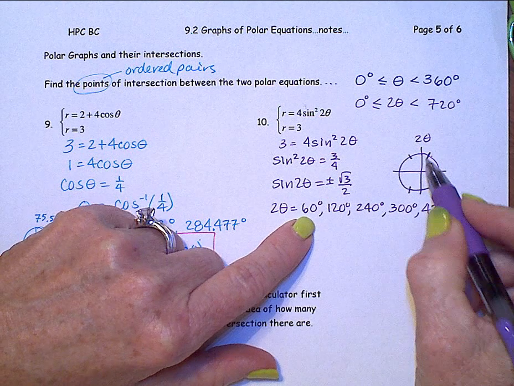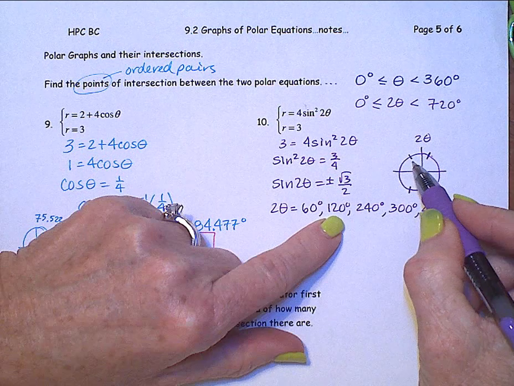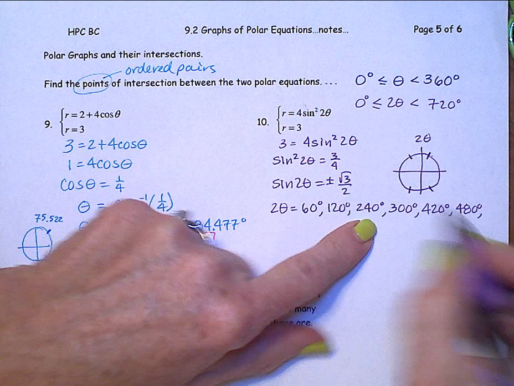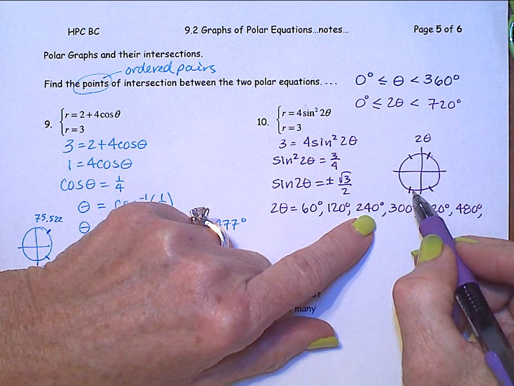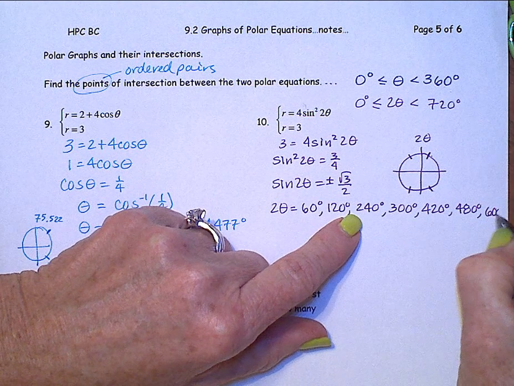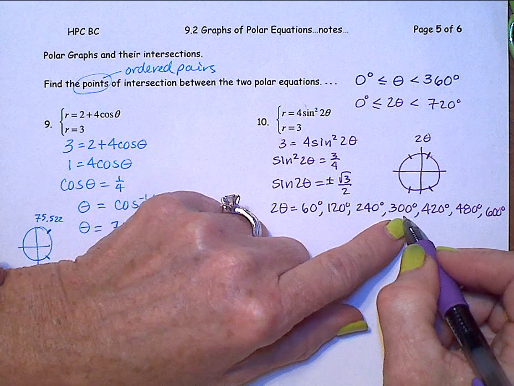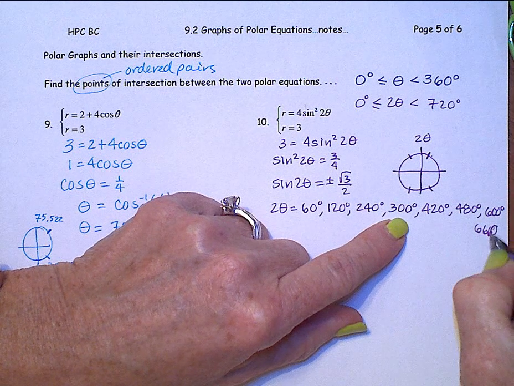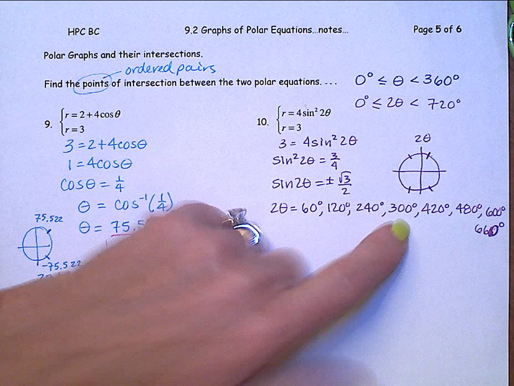and then 120 plus 360, 480, and then this one 240 plus 360, 600, and then the last one 300 plus 360 is 660, that's funny, 660.